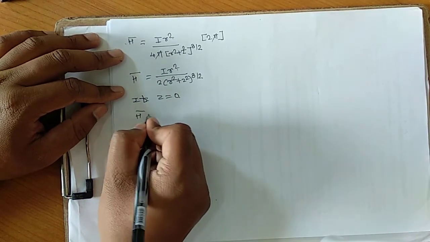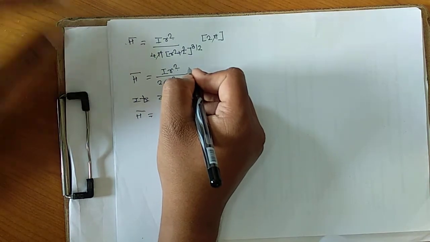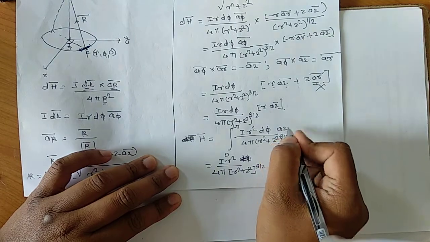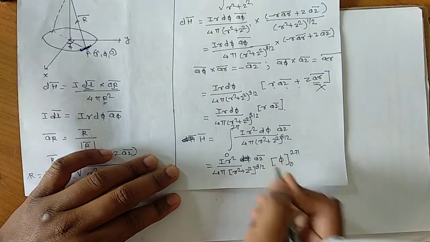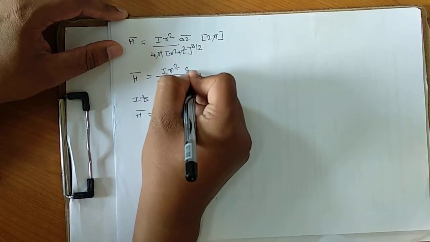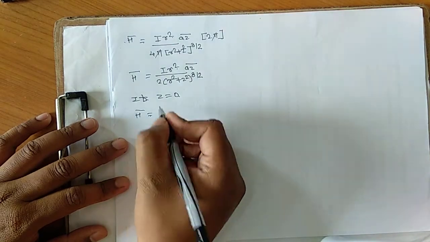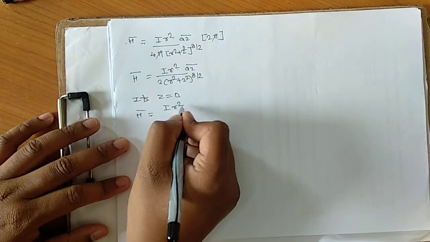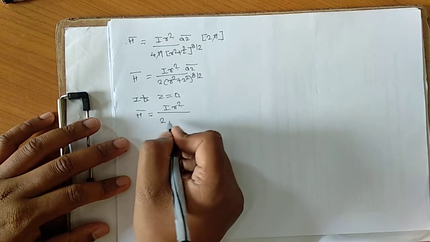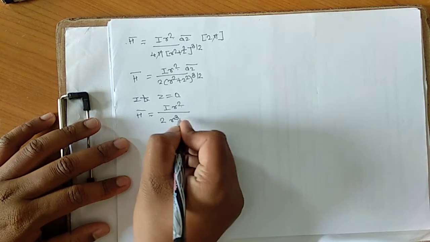This H bar is equal to, here one more point remains, that is AZ bar. When you are putting Z is equal to 0, it will be I R square divided by 2, Z is 0, R square to R cube, AZ bar.